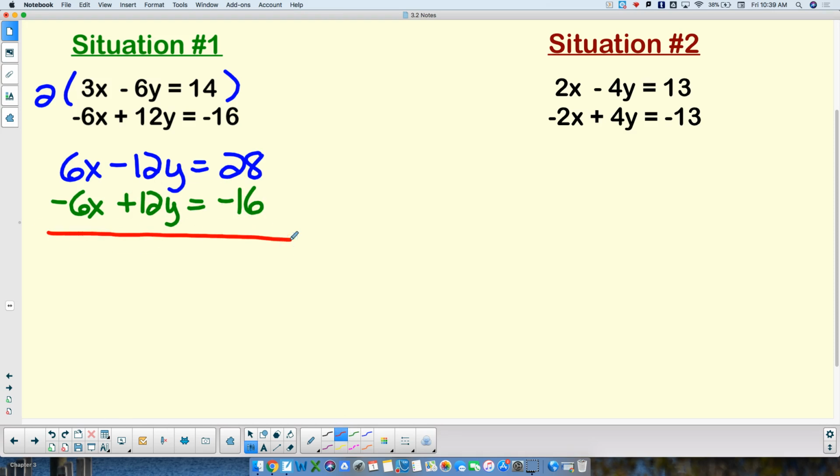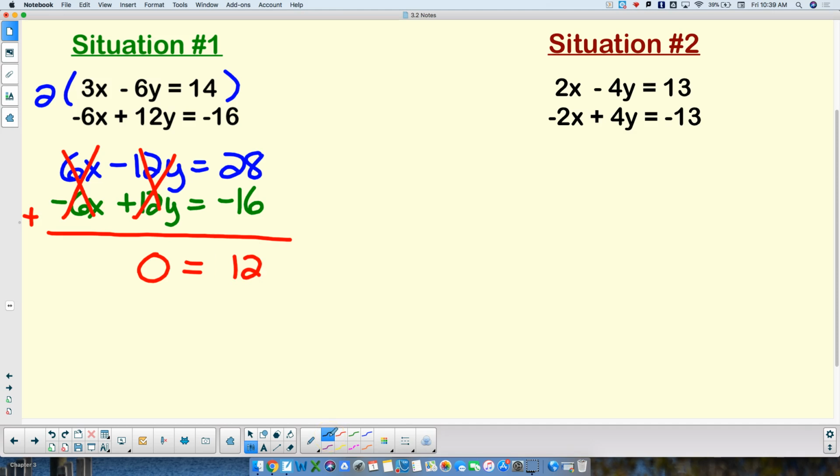Following my steps, the x's go away. What about the y's? They also cancel out. So that leaves me with 0 on the left side. I got nothing. Everything canceled out. And then that is equal to 12 over here.